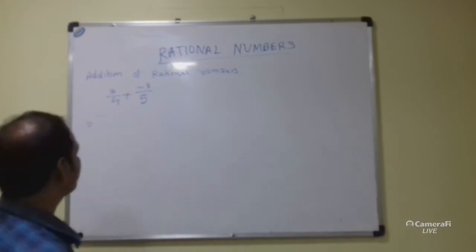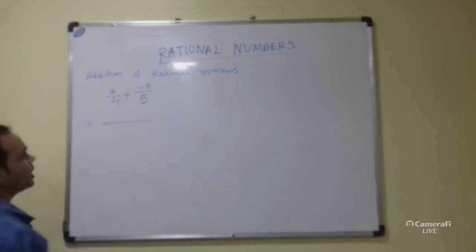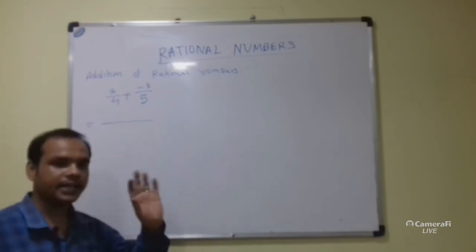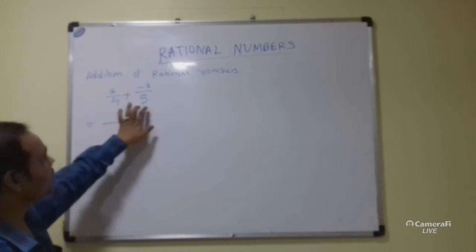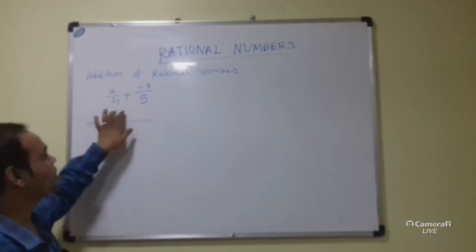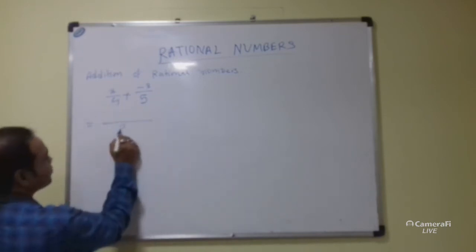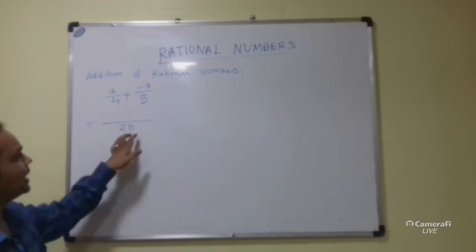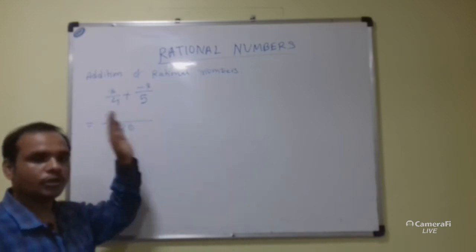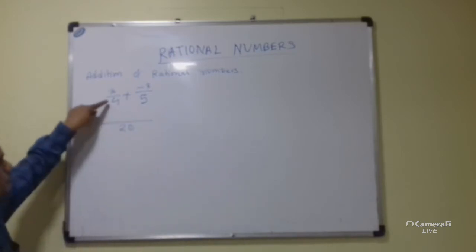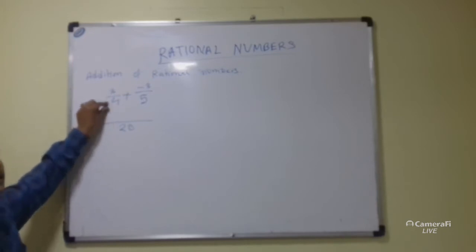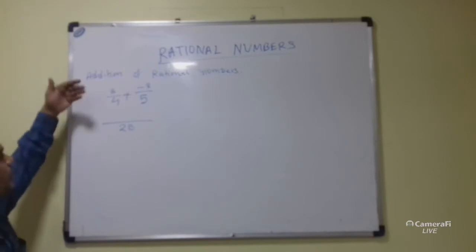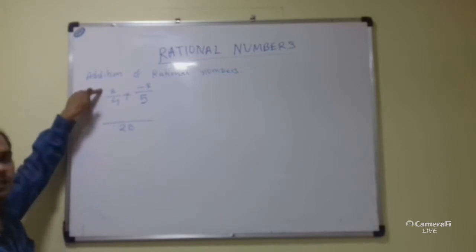How? At first we have to find the LCM of 4 and 5. You know that the LCM of 4 and 5 is 20. After finding the LCM, we divide the LCM by the denominator, and then multiply the quotient by the numerator.